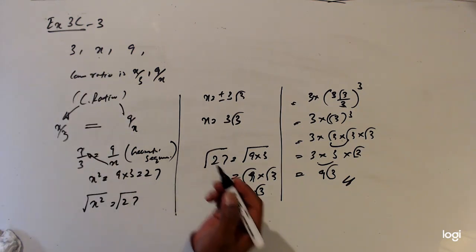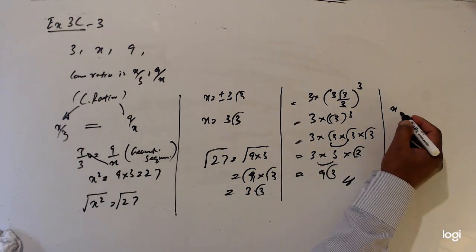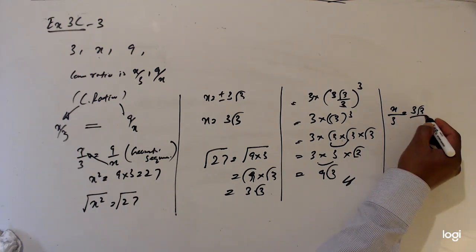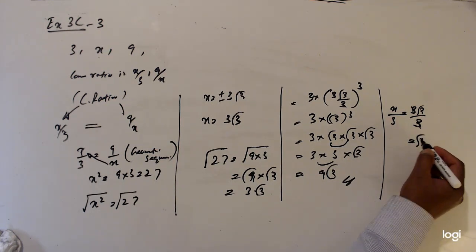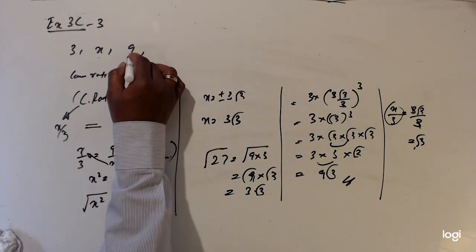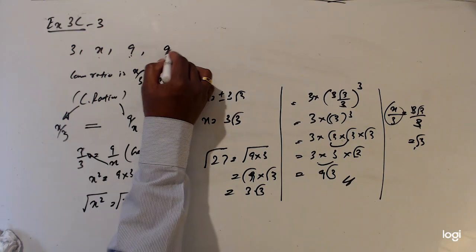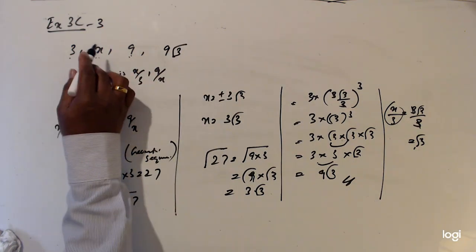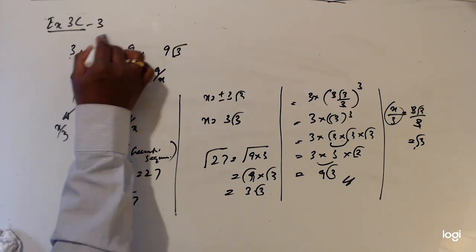Common ratio is x divided by 3, that is 3 square root 3 over 3. The 3s cancel out, so the common ratio is square root 3. So then you can simply multiply by this one, 9 times square root 3, or 3 times x. We already found out that it is square root 3.